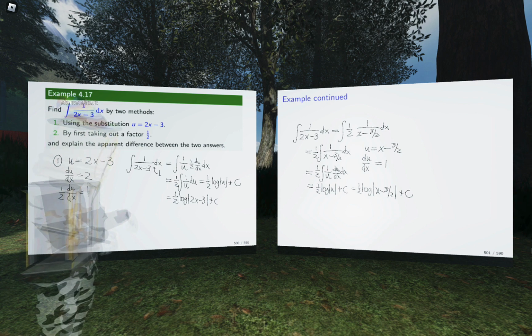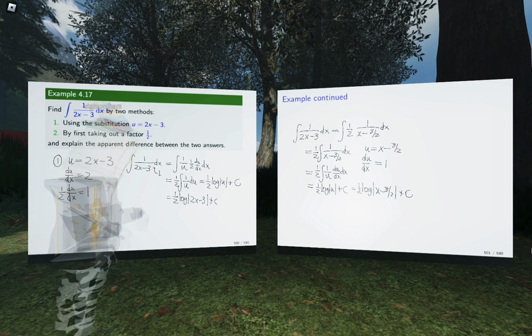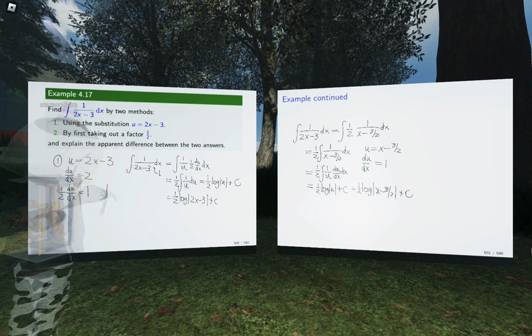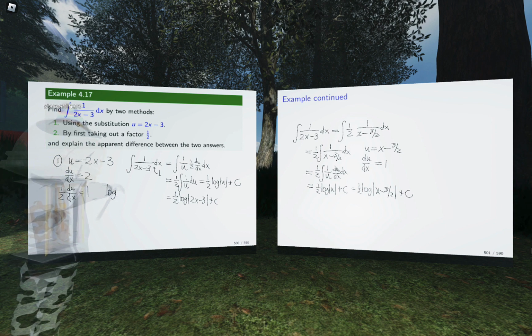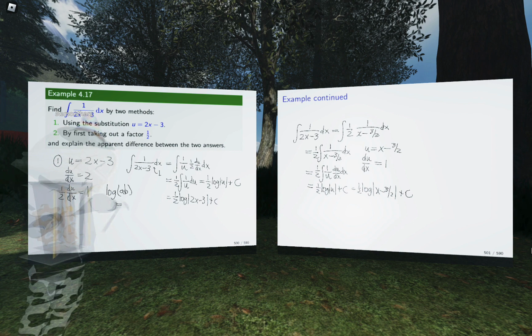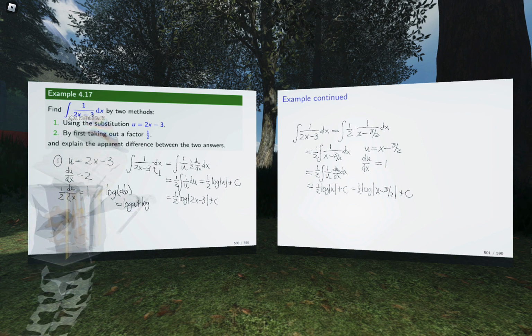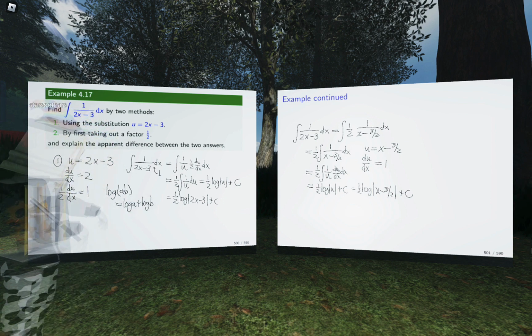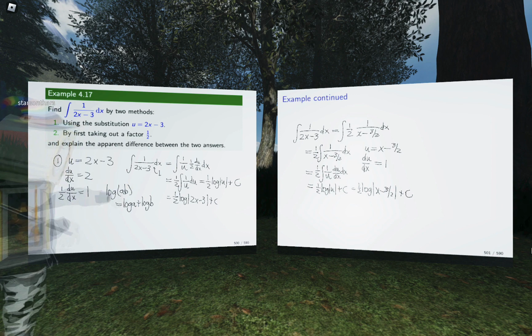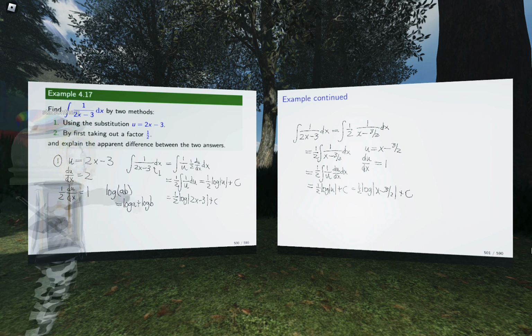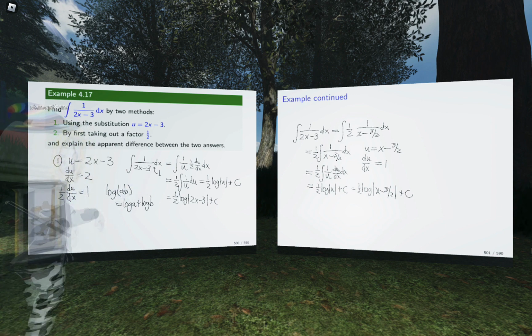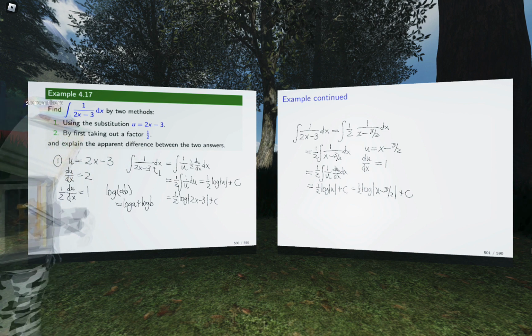And the thing to observe is that by the rules of logarithms, logarithm of a product is a sum. So that factor of a 2, I can take it out here and end up with something like that.